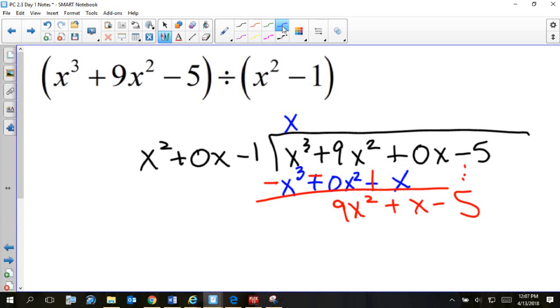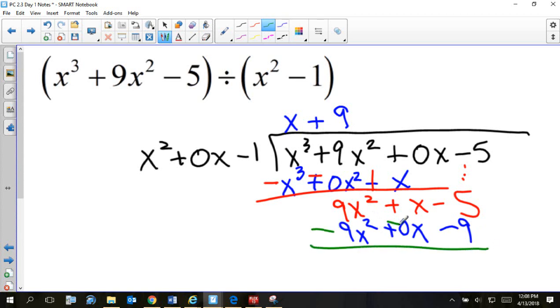Then repeat it. Divide: x squared goes into 9x squared 9 times. So we put plus 9. Multiply that 9. Subtract.